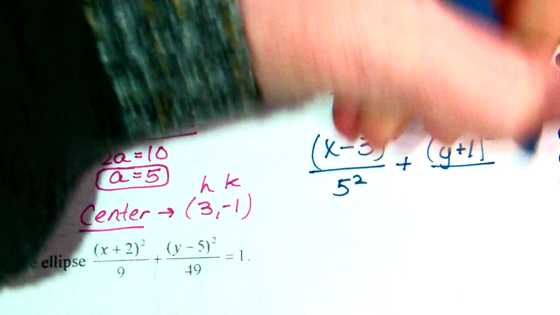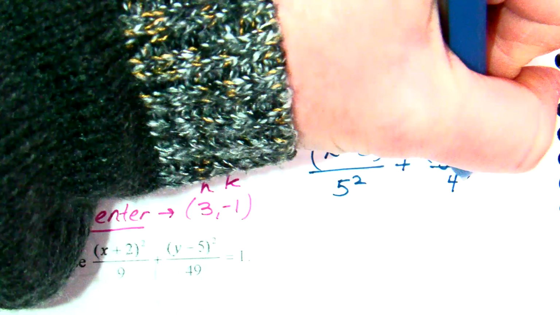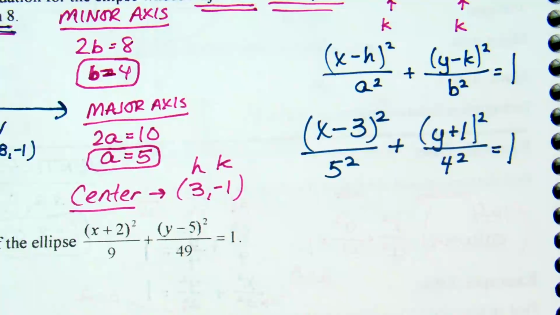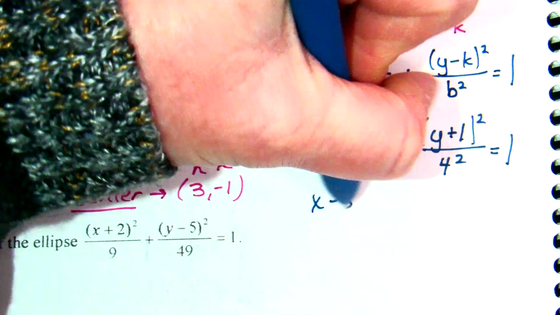So Y plus 1 squared over B squared, over 4 squared, equals 1. Officially, I tend to square my A and B values when I write my final answer. So x minus 3 squared over 25 plus y plus 1 squared over 16 equals 1.